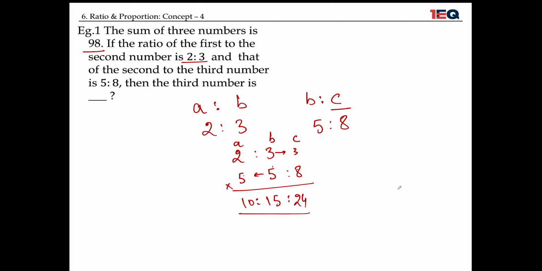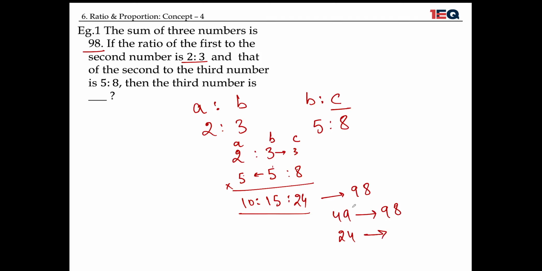So 10 is to 15 is to 24 is the ratio between the three numbers, and the sum of all of it is equal to 98. The sum of all the ratio parts is 49. So if 49 is equal to 98, then the third number, which is 24, would be equal to what?